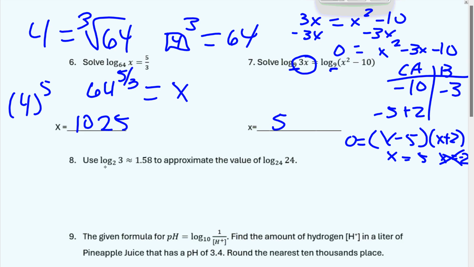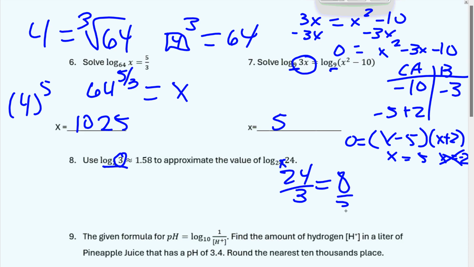Now approximations, we're having trouble with this a little bit, so I want to break it down. Oh man, that probably should just be 2 there. Dang it. So that should just be 2. Sorry about that. All right, so now I want to break this down by taking 24 and dividing it by 3 and see how many times 3 goes into 24.